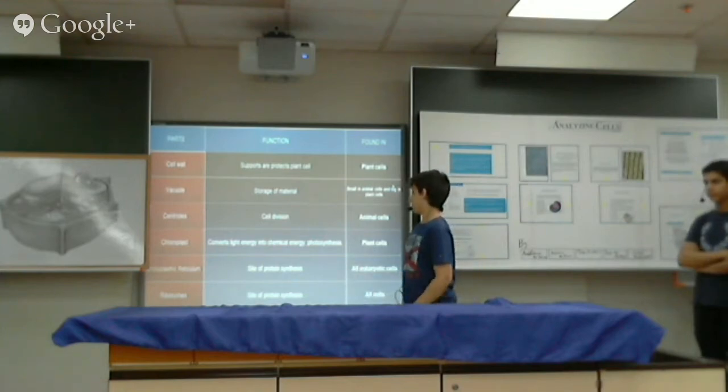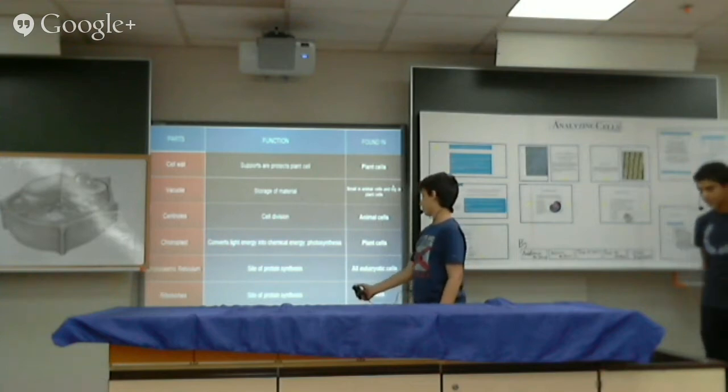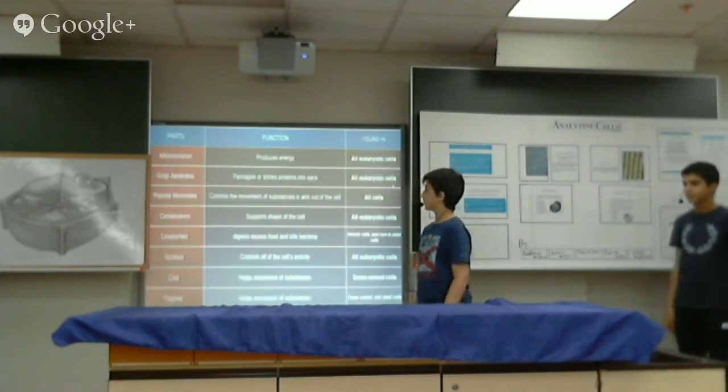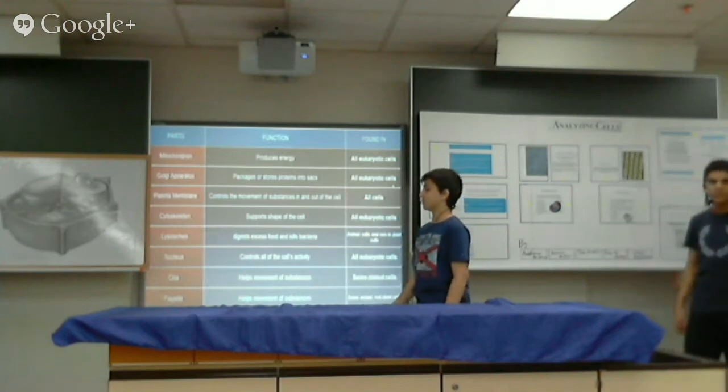Endoplasmic reticulum is a site of protein synthesis. It's found in all eukaryotic cells. Ribosomes are a site of protein synthesis. They're found in all cells. Mitochondria produce energy for the cell, and they're found in all eukaryotic cells.